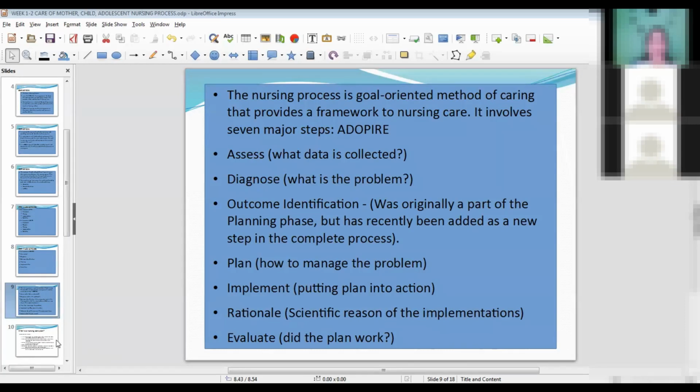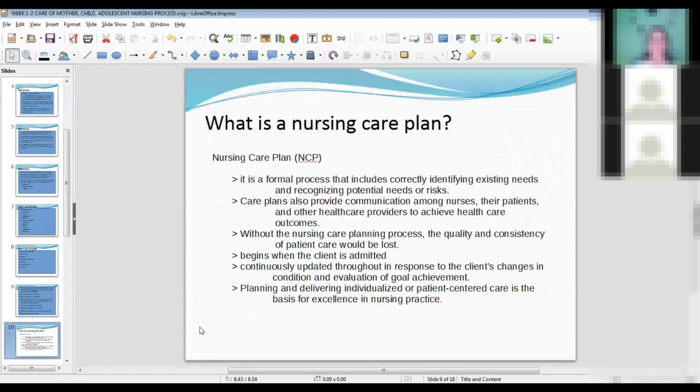Okay, so what now is nursing care plan? So nursing care plan or NCP, kung narinig nyo na from the previous lessons or subjects that you have attended, so NCP or nursing care plan is a formal process that includes correctly identifying existing needs and recognizing potential needs or risk.